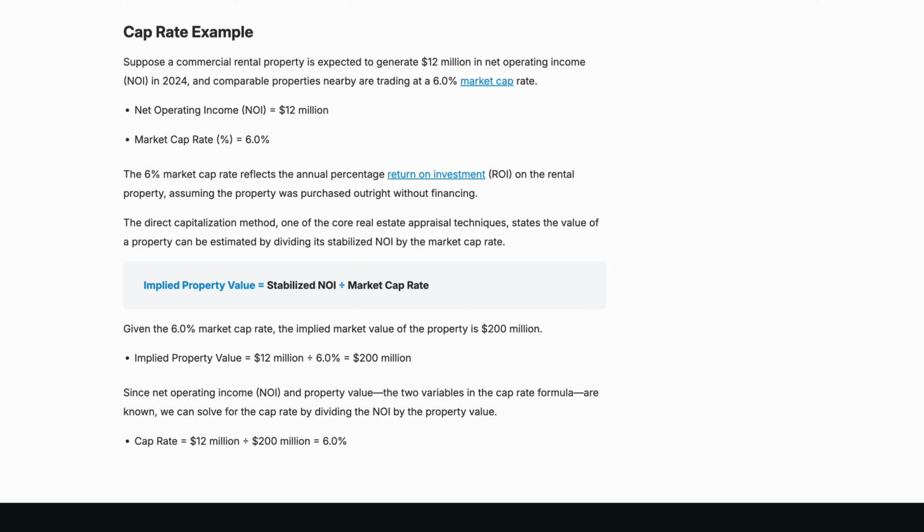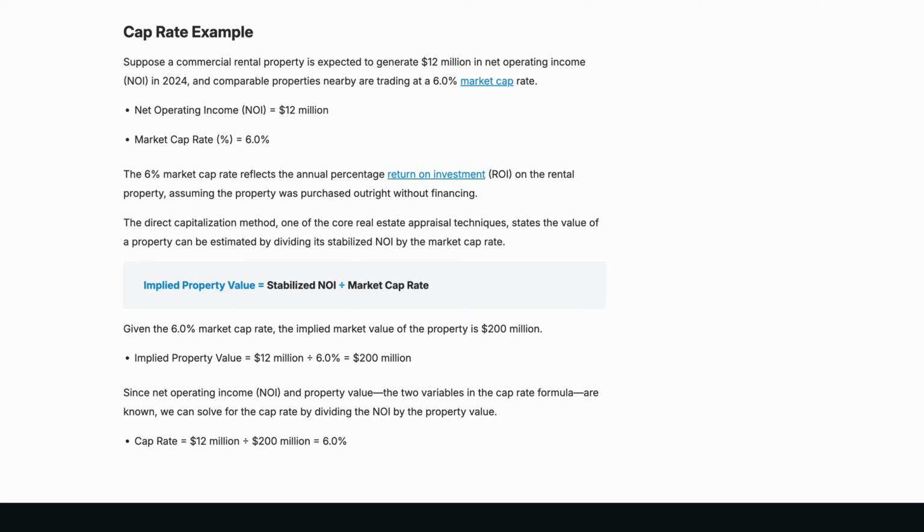Since net operating income and property value, the two variables in the cap rate formula, are known, we can solve for the cap rate by dividing the net operating income by the property value. Cap rate is equal to 12 million divided by 200 million.